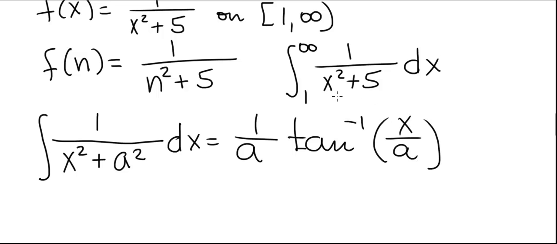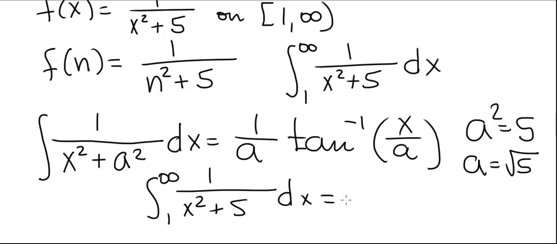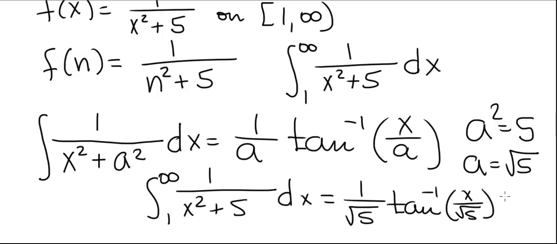Well, here our integral looks exactly like that, with a squared being equal to 5, so a is the square root of 5, and therefore the integral from 1 to infinity of 1 divided by x squared plus 5 is equal to 1 over square root of 5 times inverse tangent of x over square root of 5, evaluated from 1 to infinity.